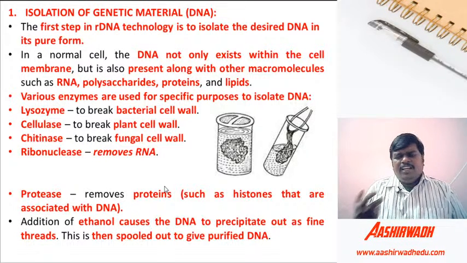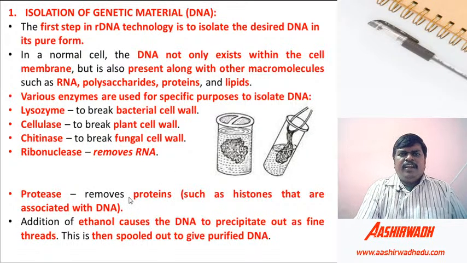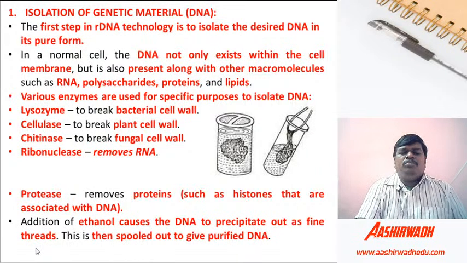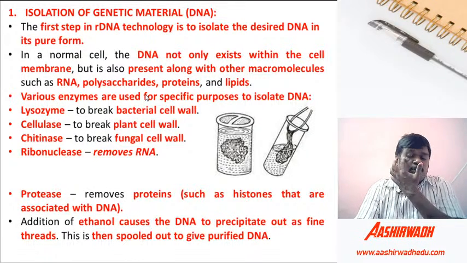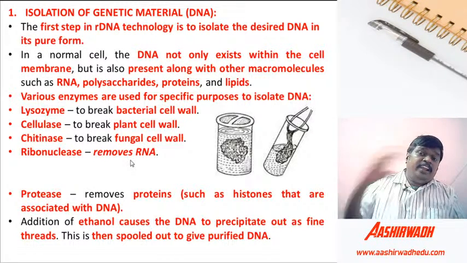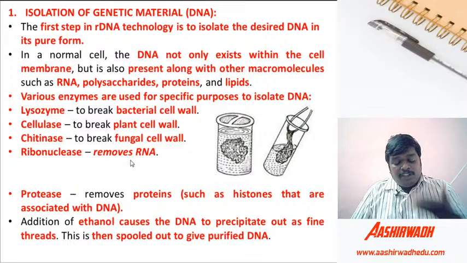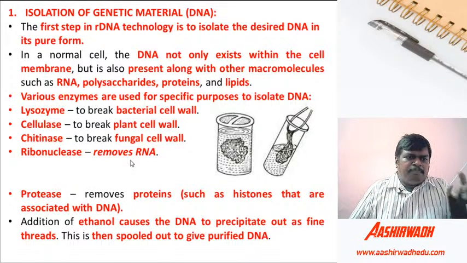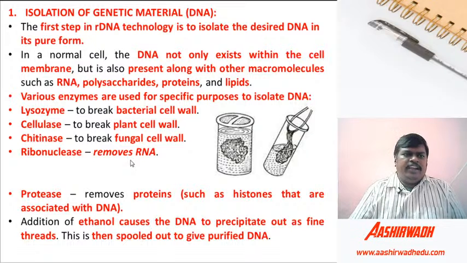A normal cell does not contain only DNA, but also other macromolecules along with it: RNA, polysaccharides, proteins and lipids. In order to get the purest form of DNA, we have to use a lot of enzymes.